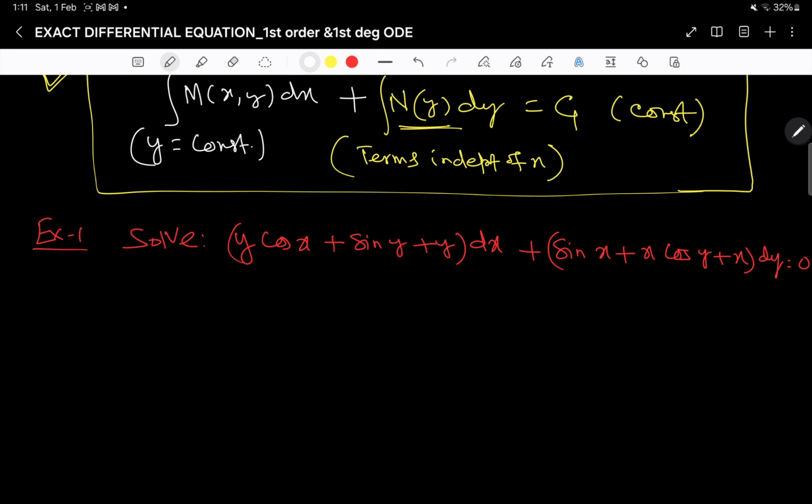So coming to one example, the differential equation is of this form.